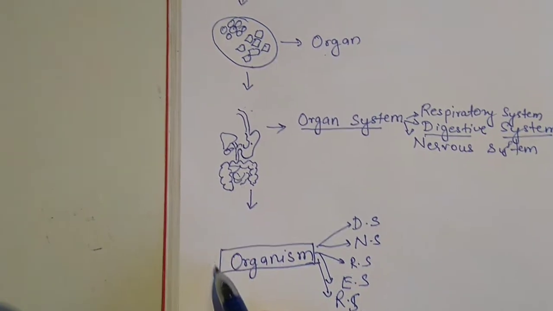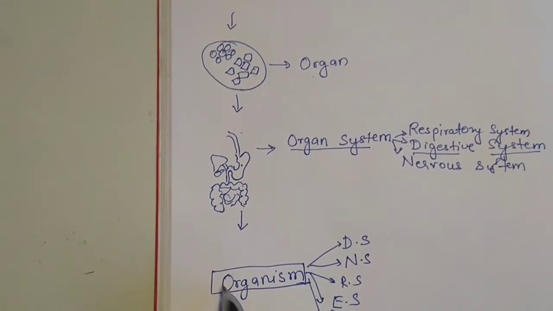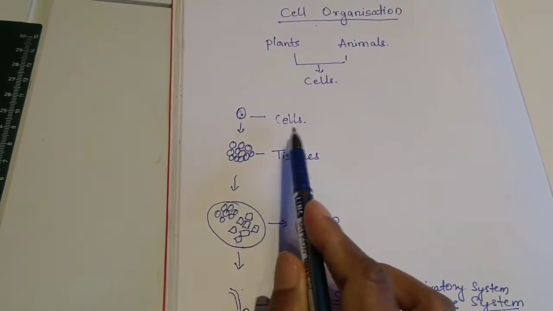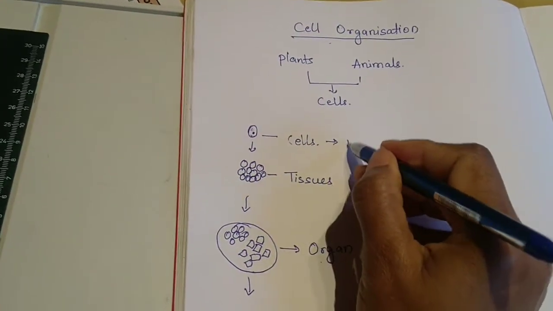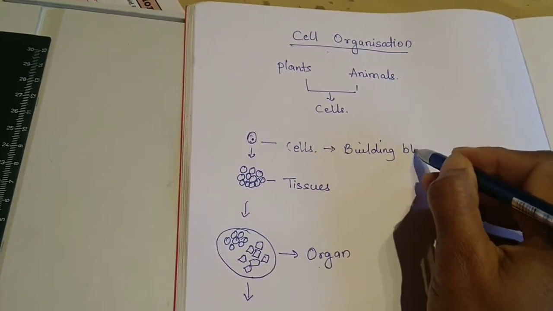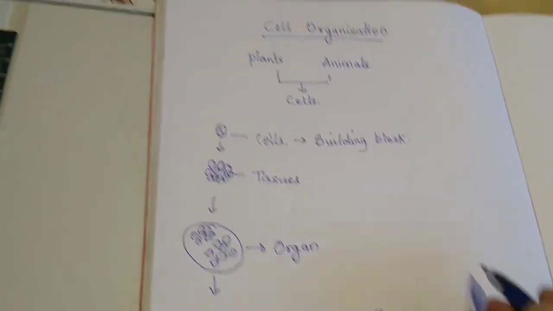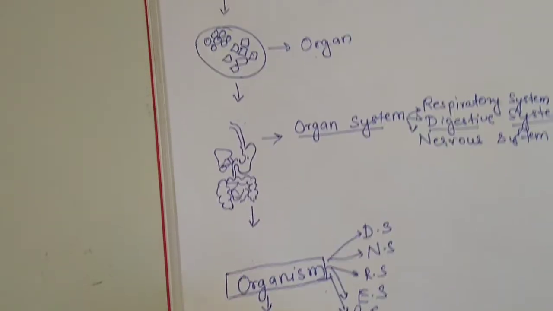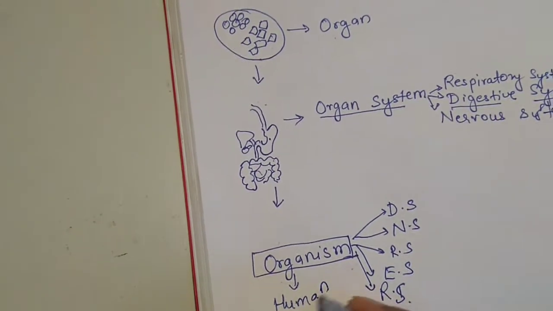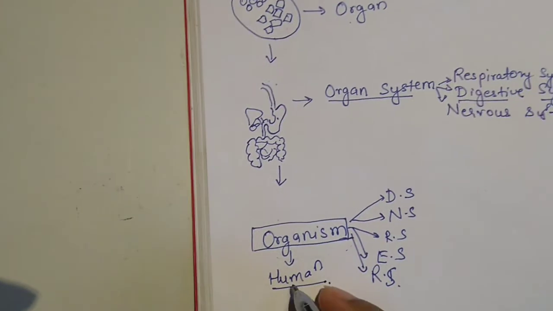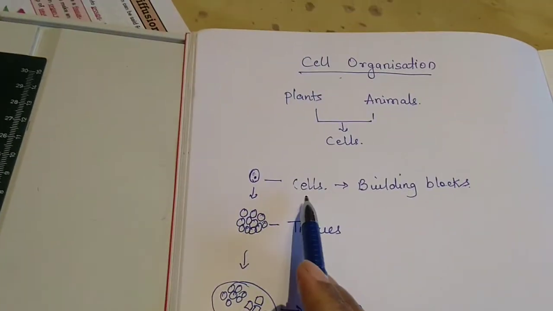So we can say the full organism body is made up of the smallest unit called cells. So these cells are therefore called the building blocks of living organisms. So you can say the smallest part of this organism, suppose let's take this organism is a human being, a man, the building block, the smallest part of the human body, is nothing but a cell.